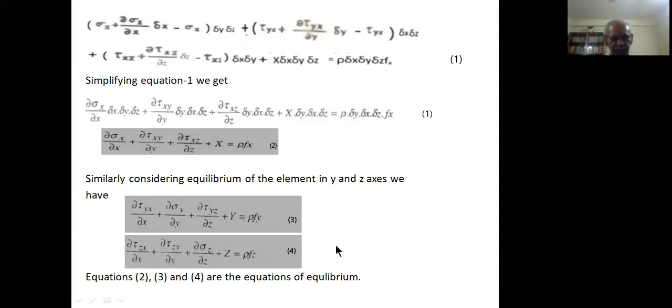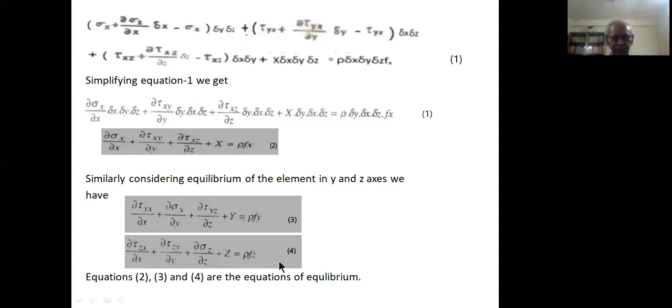In the same manner, we can look at the third equation of equilibrium, which is del tau zx by del x, del tau zy by del y plus del sigma z by del z plus Z equal to rho fz.